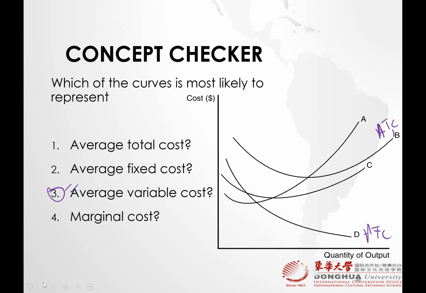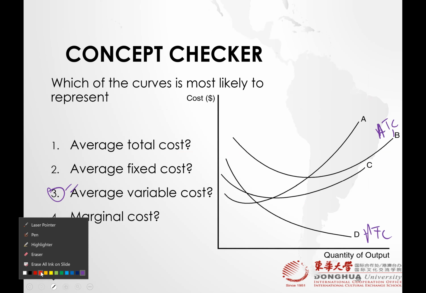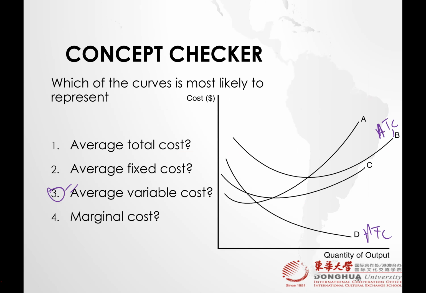What is the average variable cost? A or C? It's C. Because A cannot be it, because what is the formula for average total cost? Average fixed cost plus average variable cost.